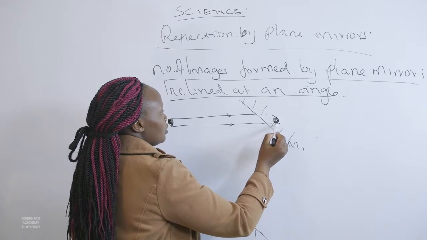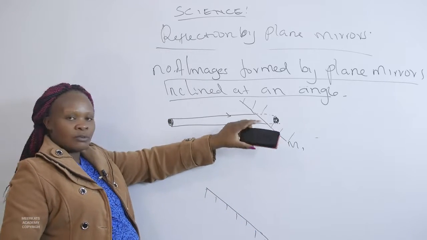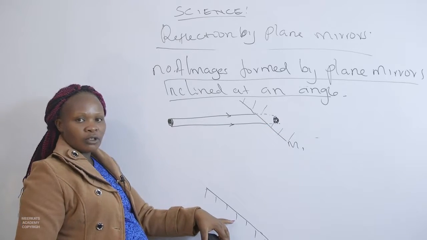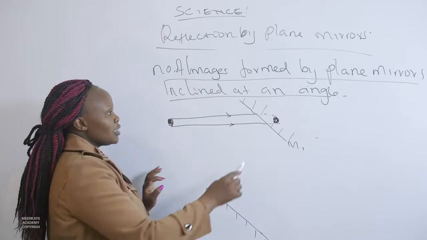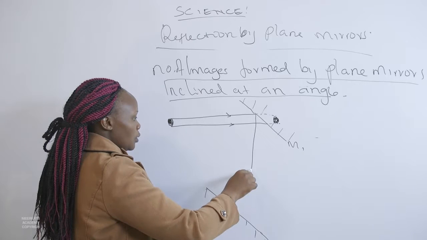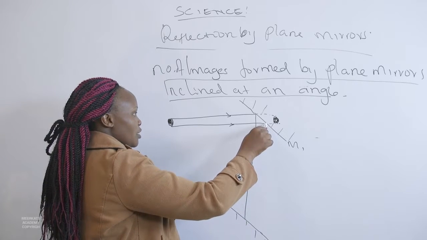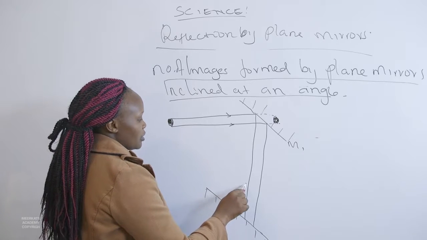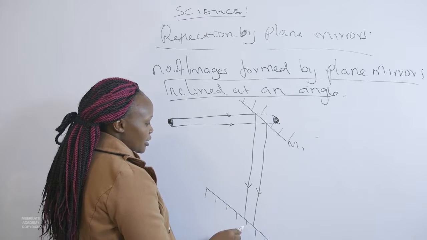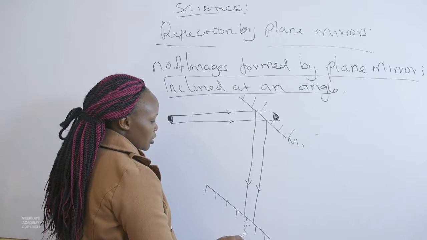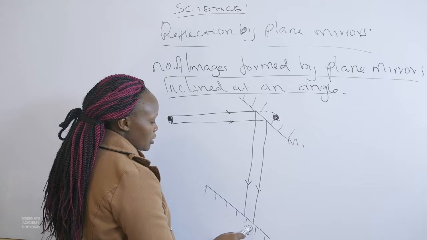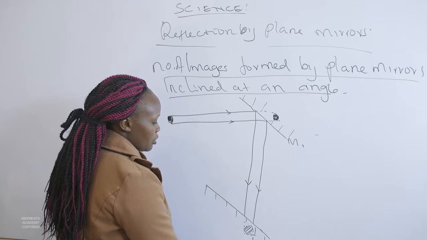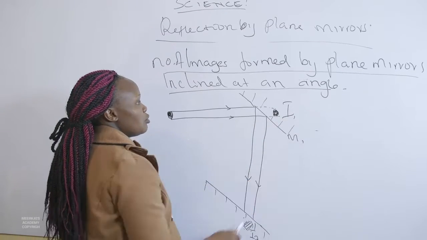Now, these rays form the first image. In the real sense, it becomes the object of the second mirror, so that now rays from the first image become incident on the second mirror. Again, a second mirror image here, we call it image 2. This is image 1.